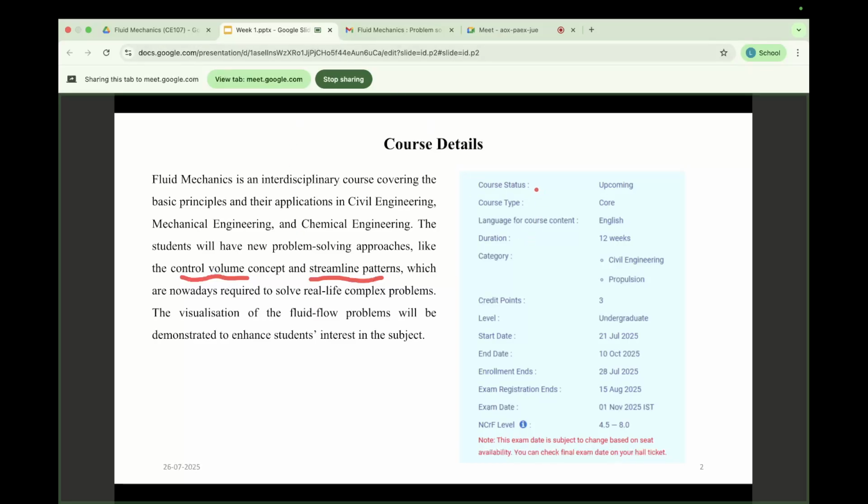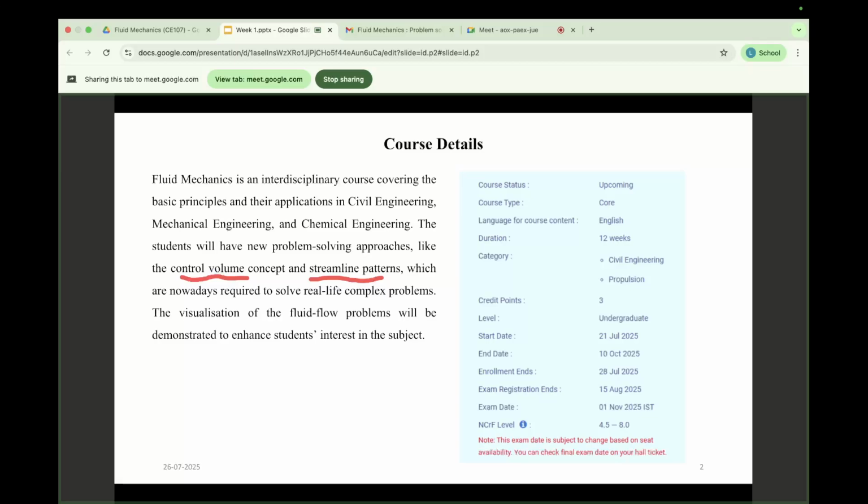Based on the course details, this course started from 21st July and will end on 10th October, and the tentative exam date is around November 1st. If anyone is interested in giving the exam, please enroll for this exam by 15th August 2025.